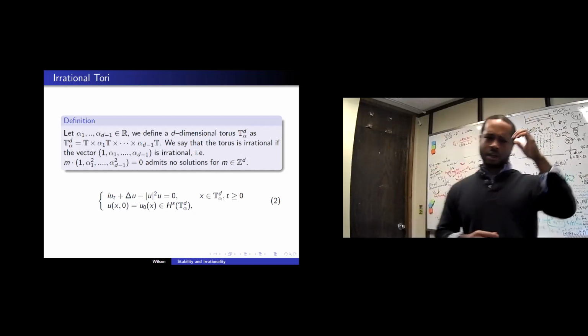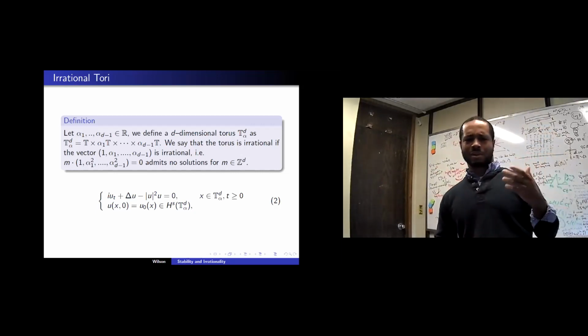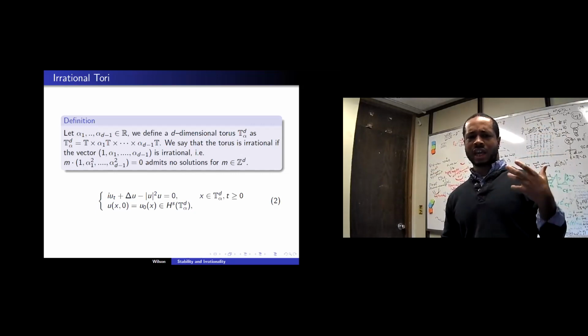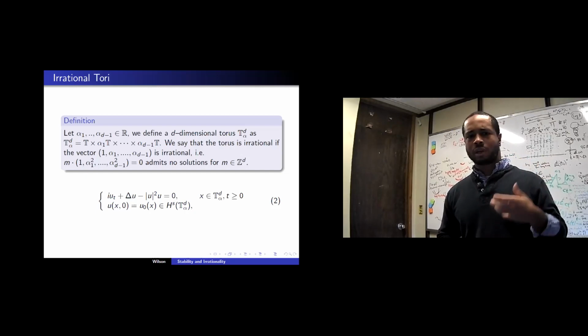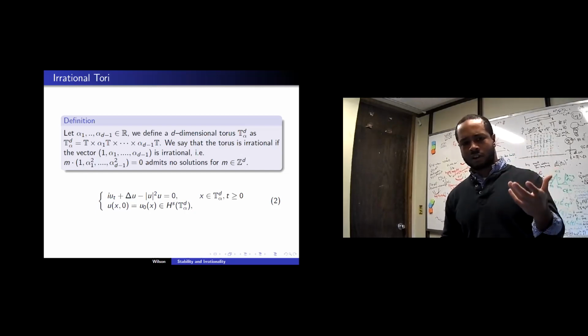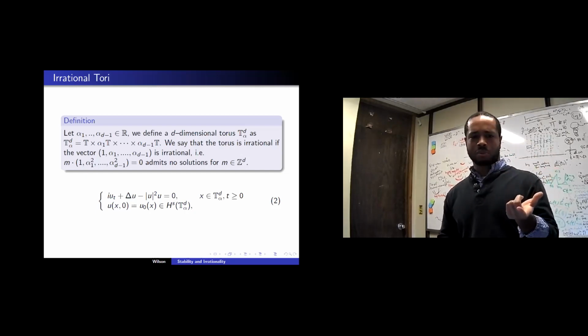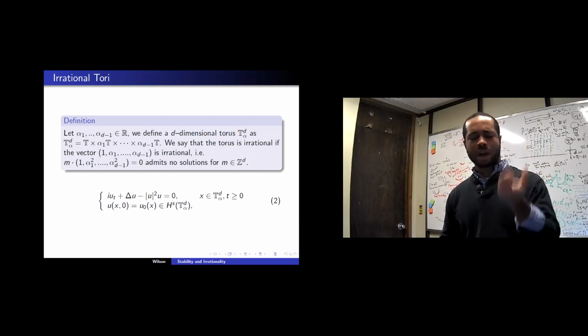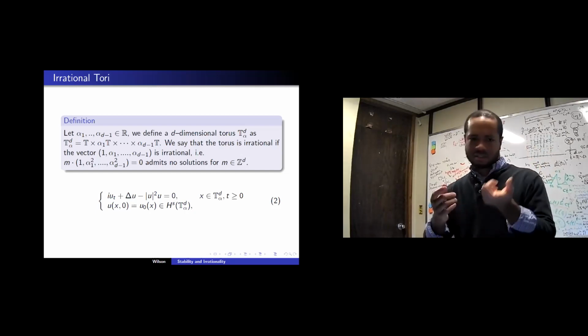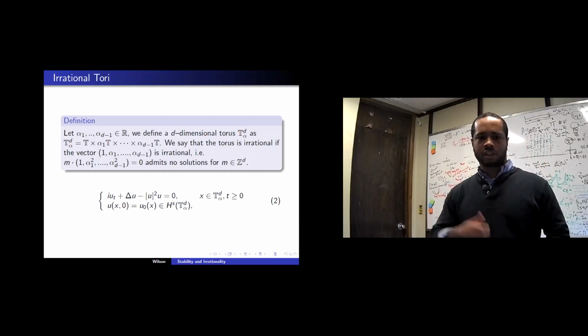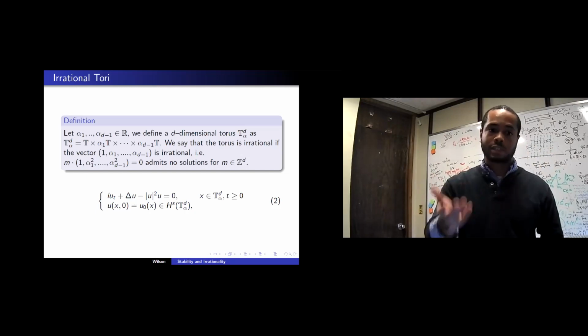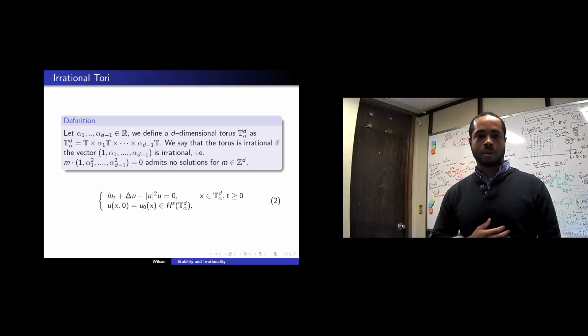Maybe the best way to think about the scaling being irrational is that we're scaling the Laplace-Beltrami operator. So we don't care that the vector that we're scaling the torus by is irrational, but we care that the square of the vector is irrational. This square of the vector corresponds to the scaling you get in the Laplace-Beltrami operator.